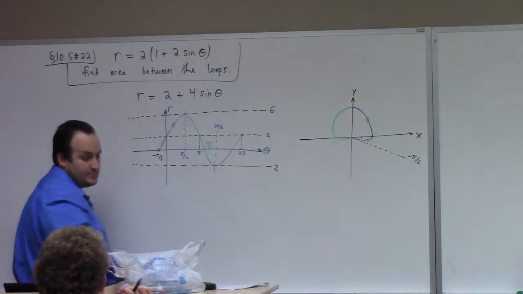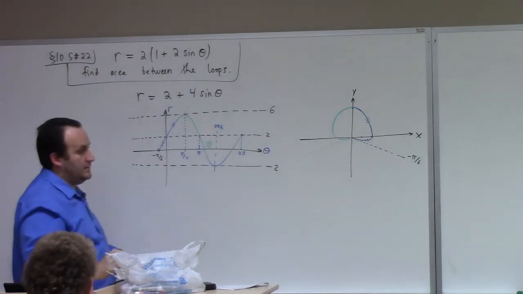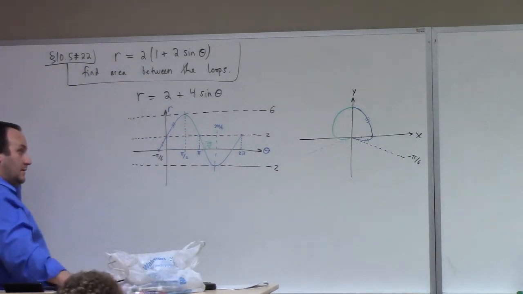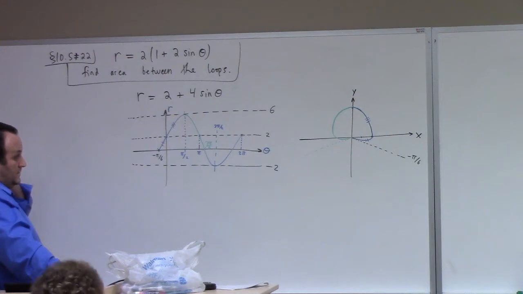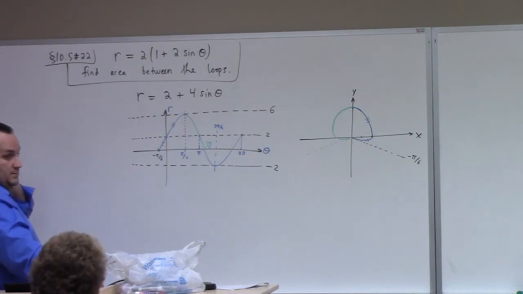Yep. When you go from pi over 2 back down to pi, how do you know to put it in that shape curved like that? Like why not curved more outwards or more in?